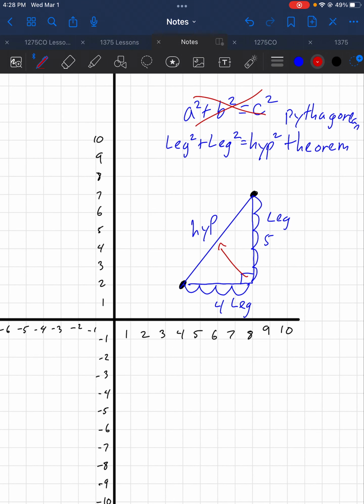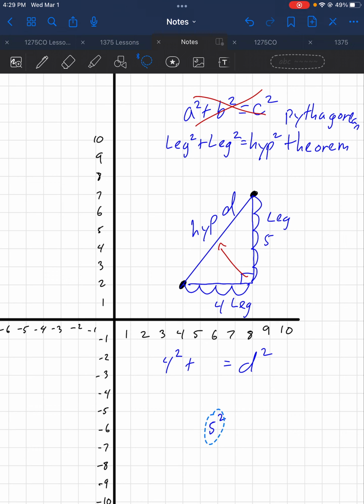Now, if we applied that here, let's call this other side d for distance. That's going to be 5 squared plus 4 squared equals d squared. Now, since we're doing the Pythagorean theorem, the legs get added together, which means they can be written in any order because addition is commutative.